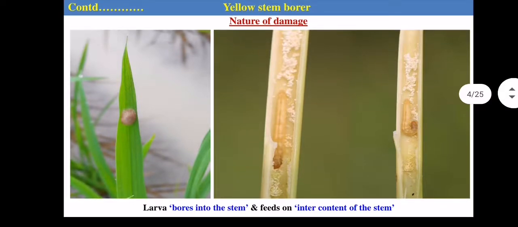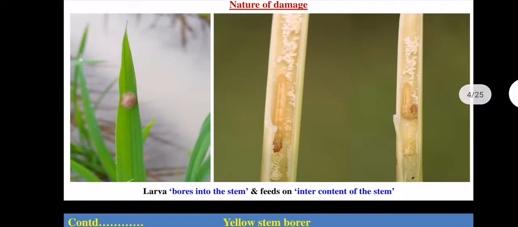Then the nature of damage. You can see the pictures of the nature of damage of the yellow stem borer. The larva is the feeding stage of this insect pest. The larva bores into the stems and feeds on the internal content of the stem. It is the same as the pink borer.